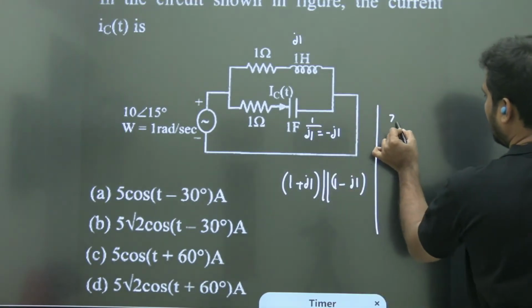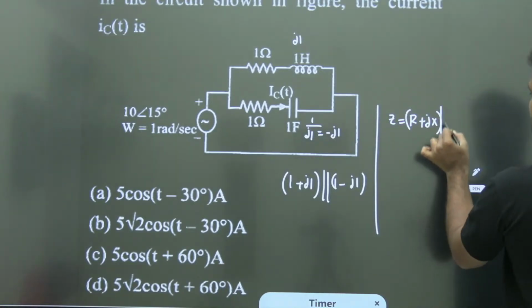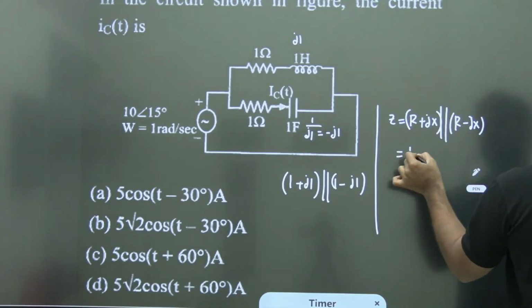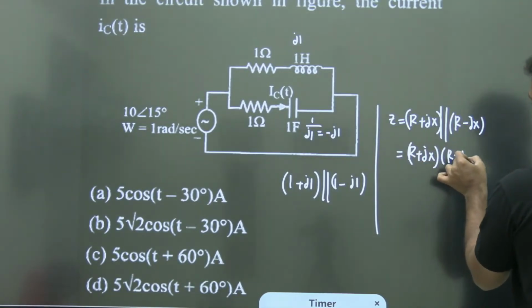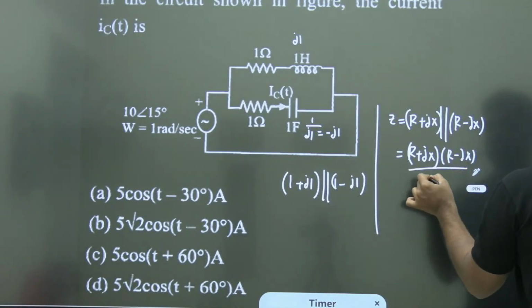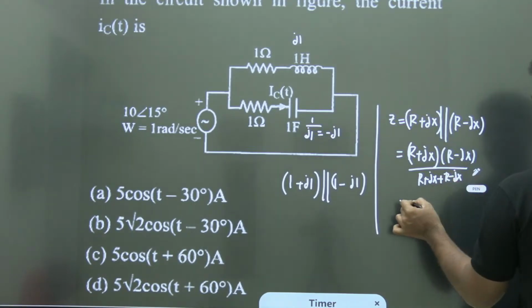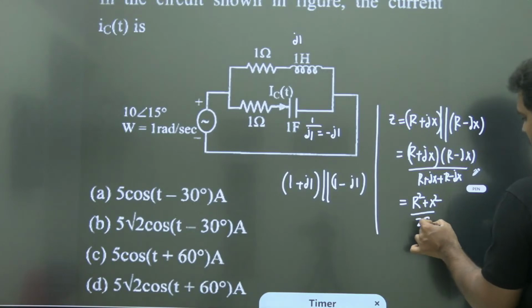Whenever you have R plus jX parallel with R minus jX, इस केस में क्या होता है, R1 R2 by R1 plus R2. So R square plus X square by 2R is the answer.